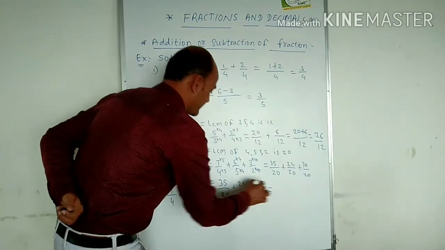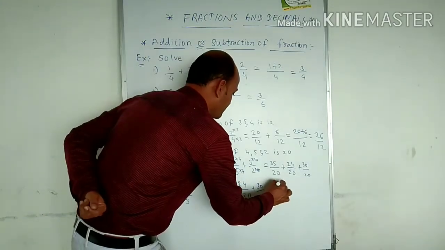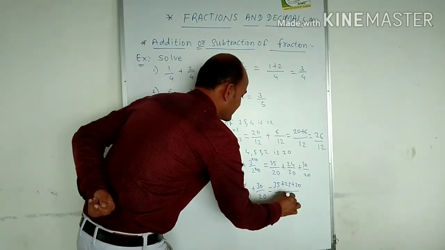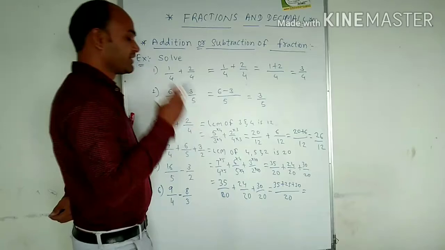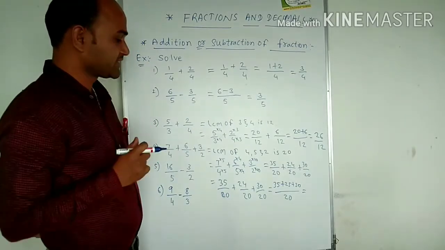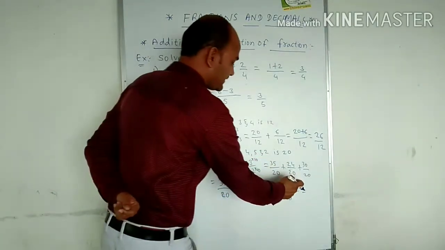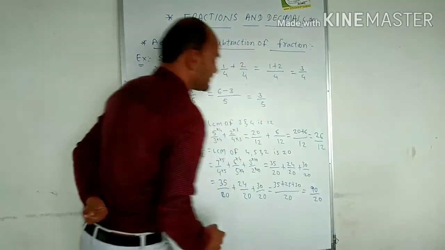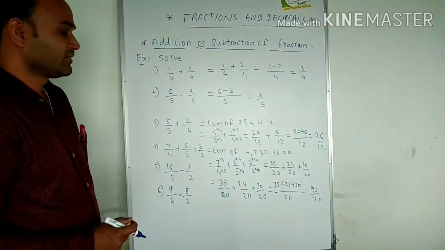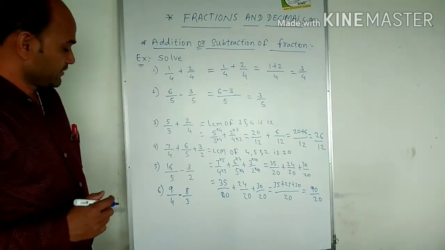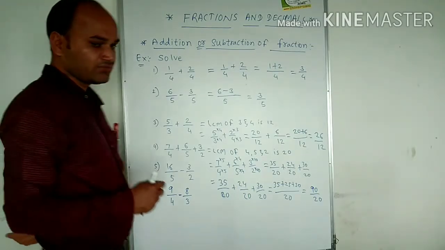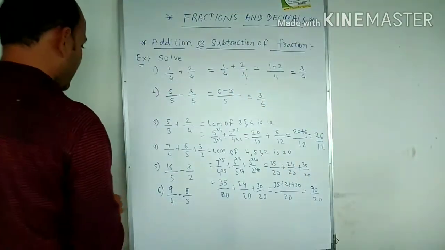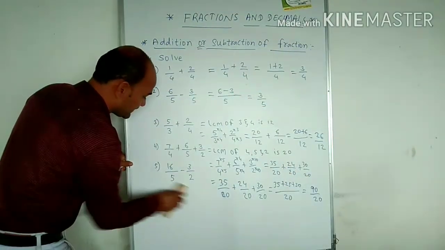So we get 35 plus 24 plus 30 divided by 20. 35 plus 24 becomes 59 and 59 plus 30 becomes 89 upon 20. The answer we got is 90 upon 20.